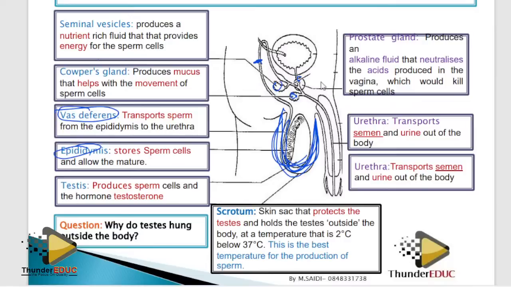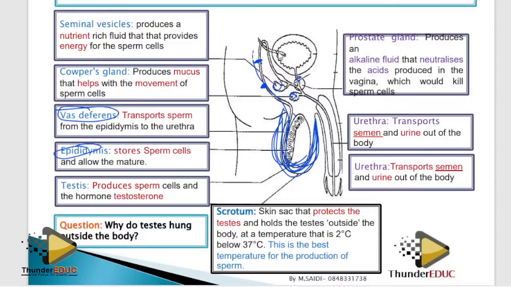If vasectomy has been done on this person, can this person impregnate someone? No, because the sperms are no longer able to cross to the urethra. You understand? So the semen you produce no longer has sperms.